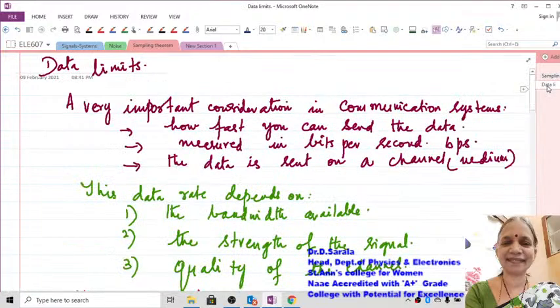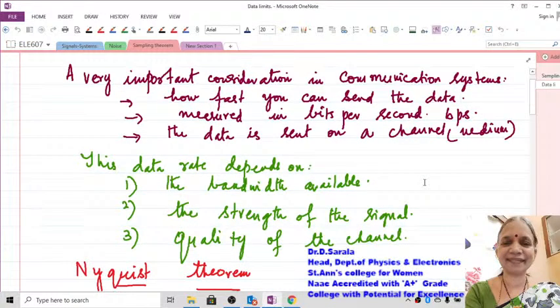To understand this better, let us consider the data limits over which the sampling is taking place. Let us see what is an important consideration in communication systems. What is important is how fast can you send the data? The rate at which you are doing it is a sampling rate as we discussed, and it is measured in bits per second.